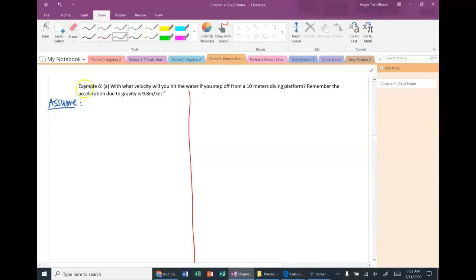We will assume your water position is going to be at 0, and we will assume the diving board or diving platform is going to be at a position of 10 meters above the water. That makes sense. You're diving downward, so the diving board will be above you.